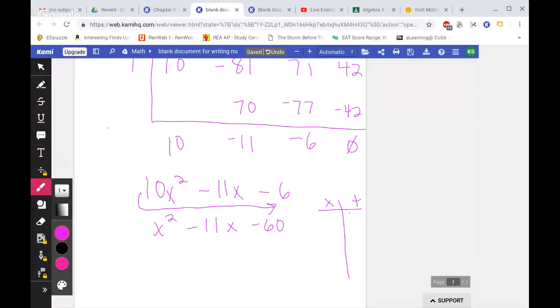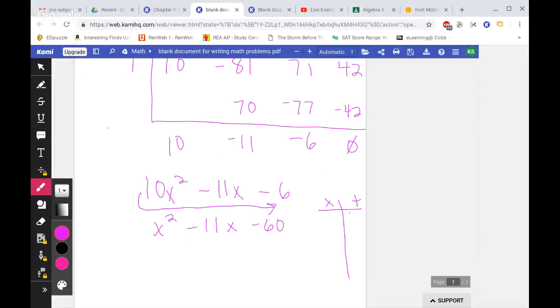So I'm looking for something that gives me a negative 60 when I multiply it, and then a negative 11 when I am combining it. That pretty much tells me that one of my factors is going to have to be negative and one of my factors is going to have to be positive.